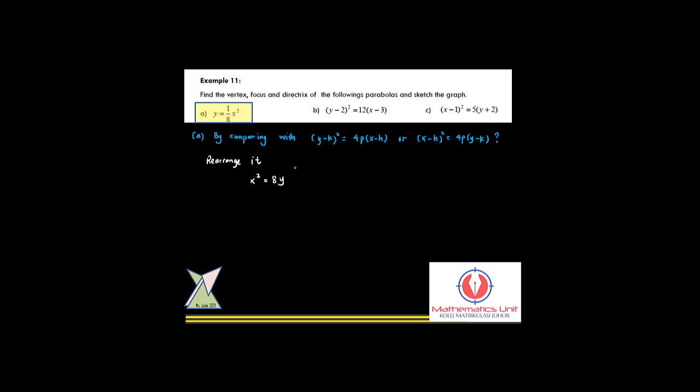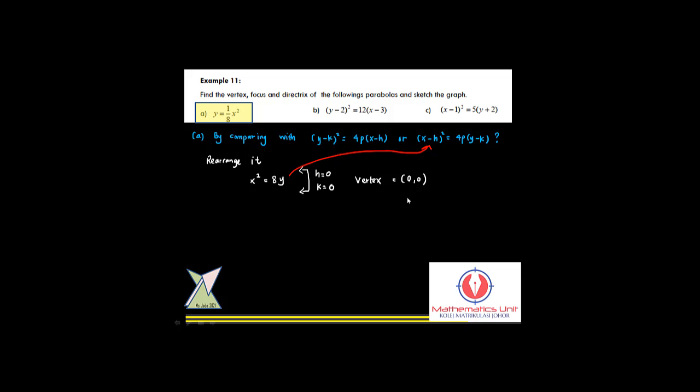By comparing with these two formulas, you will find that it's equivalent to this one because x is in squared form. At the same time, in the comparison, we find that h equals 0, k equals 0. This gives us the information that the vertex is at the origin, 0, 0.